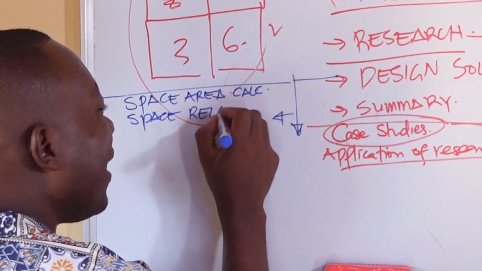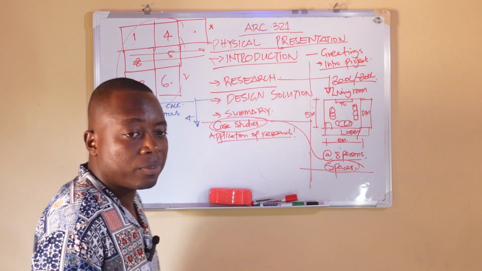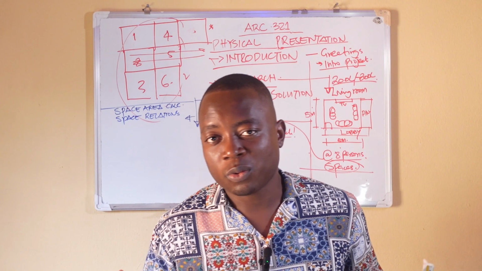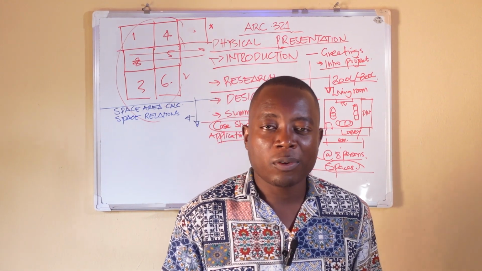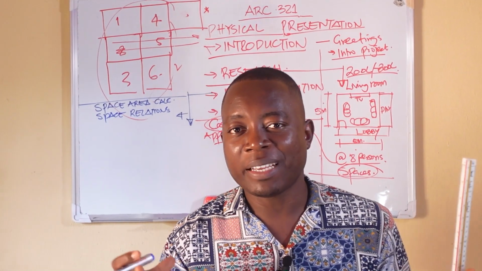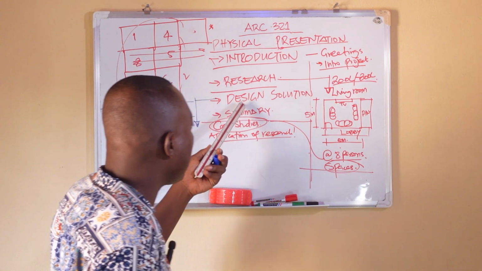Actually, this is part of the design solution if you think about it, because at this point you are now taking the information you got from your research to merge it into your design solution. So from the time you start analyzing, okay, these are the spaces I'm going to use in my design, and this is how I'm going to make it function, you are already within the space of the design solution.